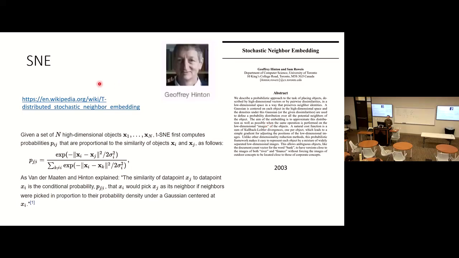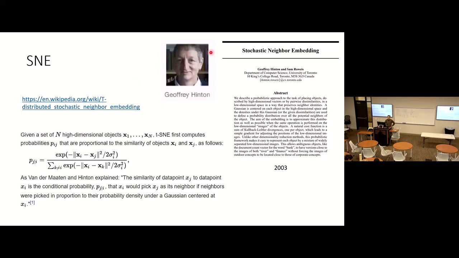I don't know if you know Geoffrey Hinton. Does anyone know him? He's last year's Nobel Prize laureate. He's a machine learning person. I think his contribution to neural networks allowed him to get a Nobel Prize last year.